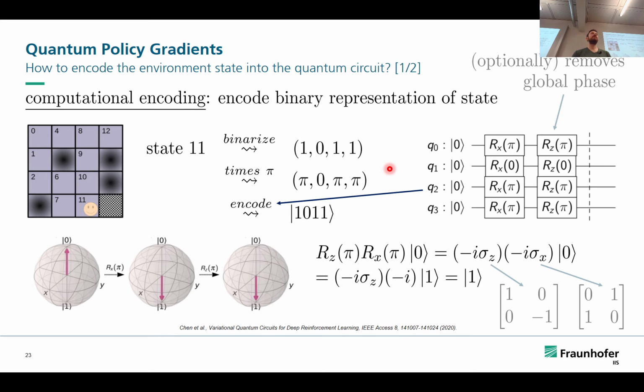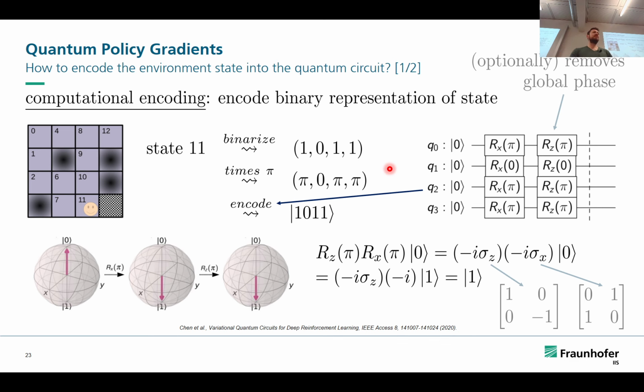At this point, our network knows what the current state in our reinforcement learning environment is. And this works quite nicely for environments with a discrete state set, and at least in theory works for quite big environments, because we have this exponential growth in the number of states we can represent.